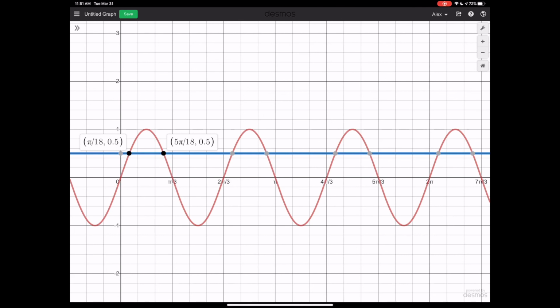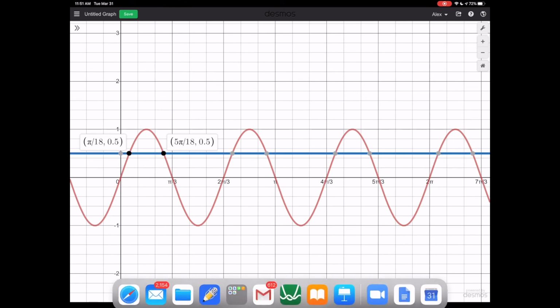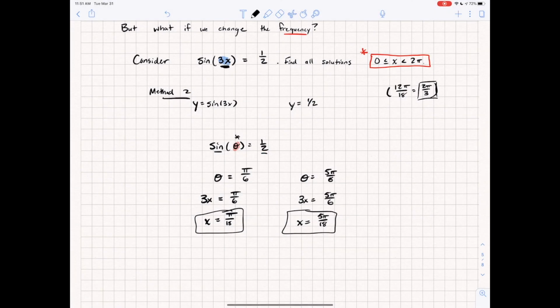Get these off the screen. Pi over 18 and 5 pi over 18. But how do we find the remaining ones? Well, if you think back again, we added 2 pi k because 2 pi represented the period for my function. But if I'm changing the frequency and I'm affecting the period, recall that the period is always 2 pi divided by my frequency. So in this case, my b is 3.